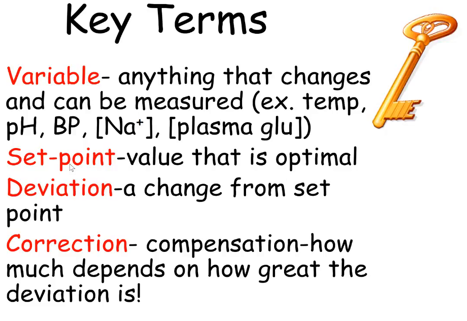Set point can be an acceptable range, and we usually base this acceptable range on the population. For example, if I were to take 100 students and record their heart rate, I might get a range where most of you fall into.